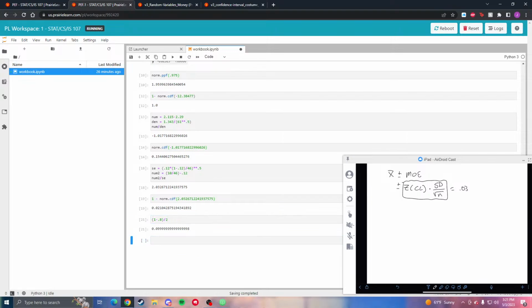So that gives us 0.1. And then we add that onto our 0.8. So we get 0.9. And then we do norm.ppf of 0.9 to account for the tail. And that is our z-score for an 80% confidence interval.